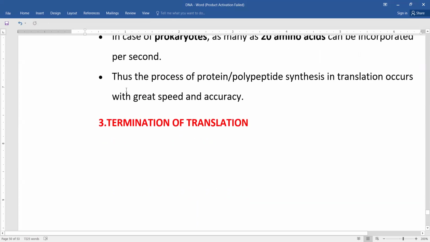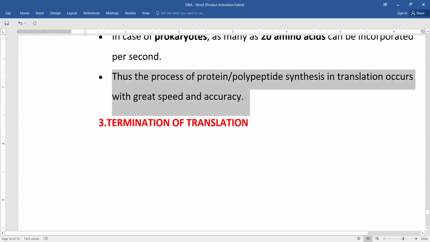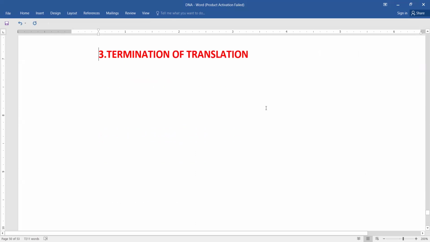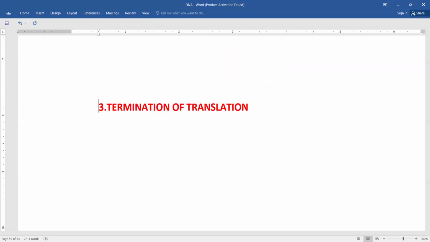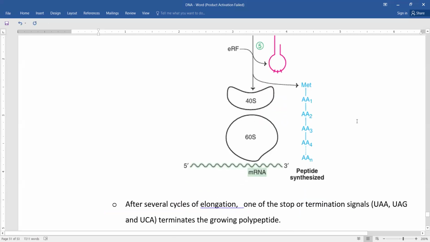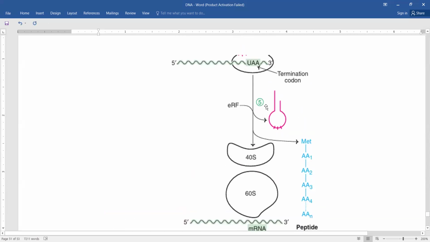Right. So we have completed the elongation. Now the termination. What is termination? Stopping of protein synthesis. We have seen releasing factors. What happens when we have the termination codon?